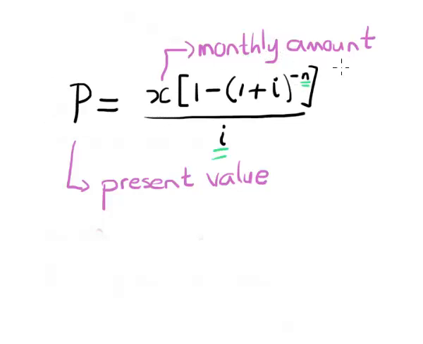Okay, so let's do an example using this formula. Instead of taking a hire purchase agreement to buy an LCD television, Josh decides to take a loan from a bank. Okay, so he's going to buy a TV and he's borrowing the money from a bank.